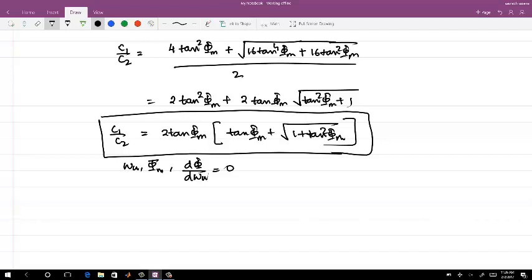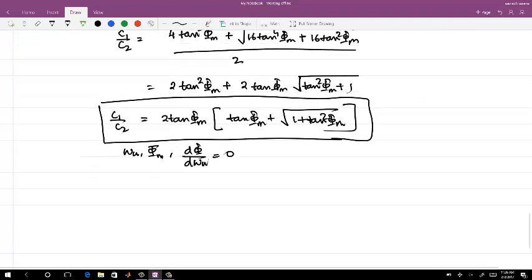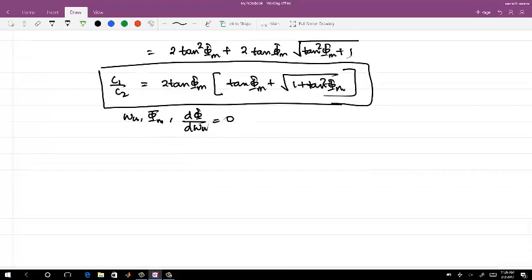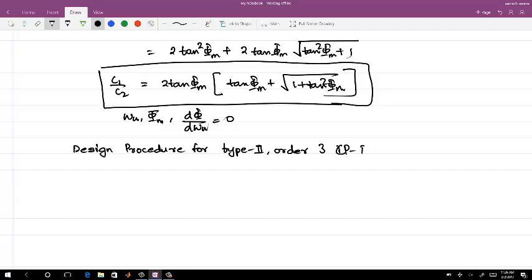Okay. Now, let me list it as a design procedure, because this is all we need from the equation. Design procedure for a type 2, order 3 charge pump based PLL.